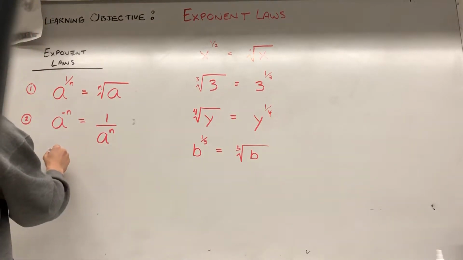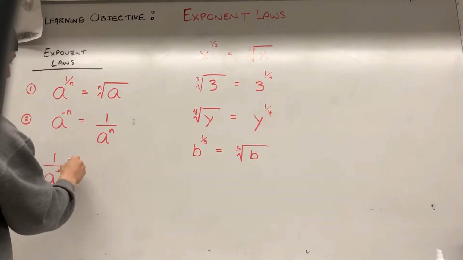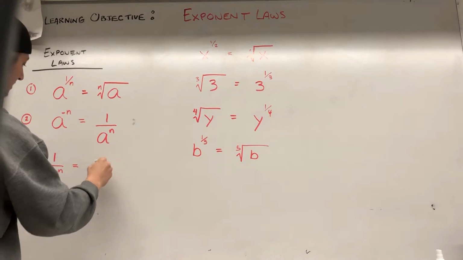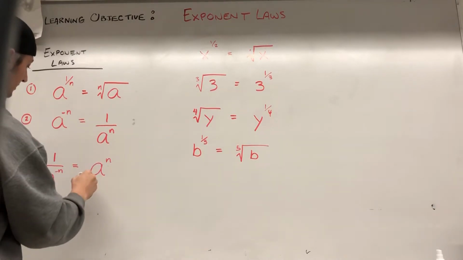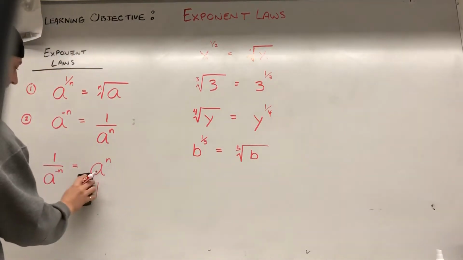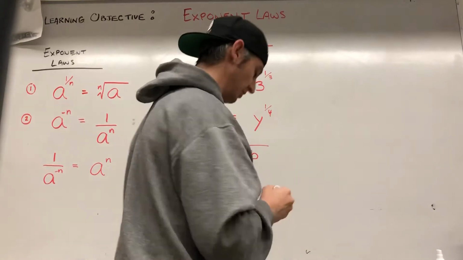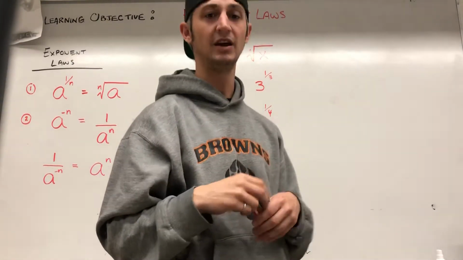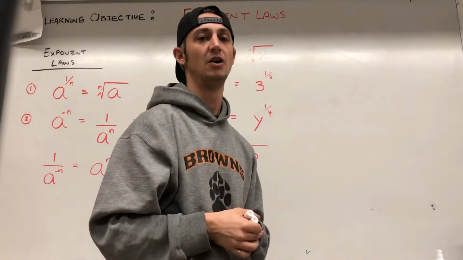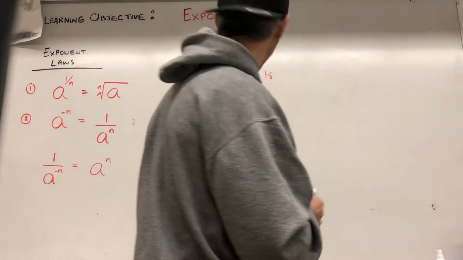And on the flip side, 1 over a to the negative n, any number a, any number n, is the same as writing a to the positive n over an invisible 1, it flips. So what does this mean? It means that exponents are really optimistic. They always want to be positive, or at least they want to be expressed as positive. They identify as positive.